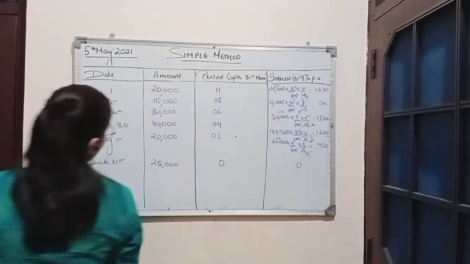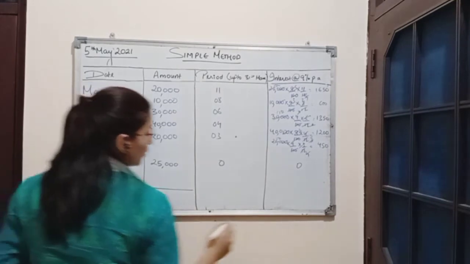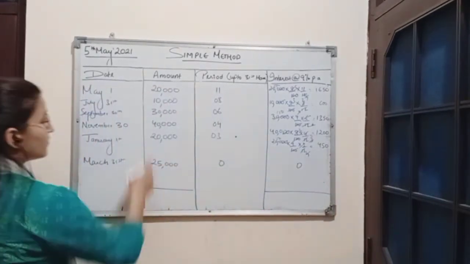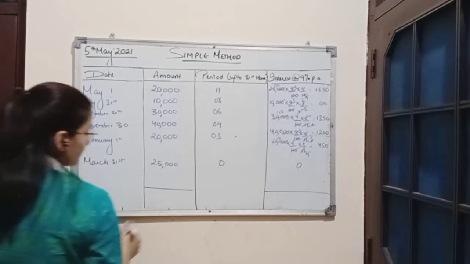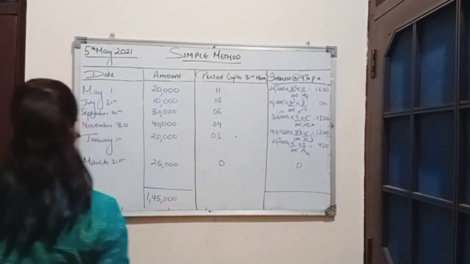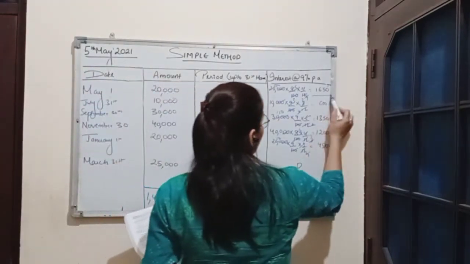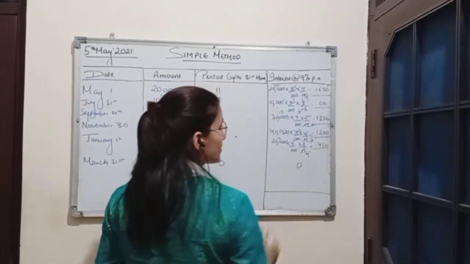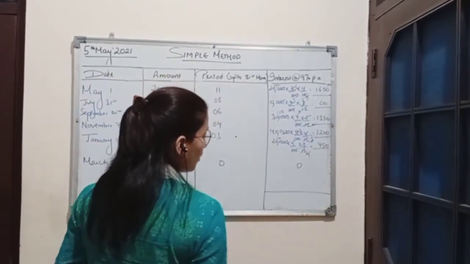Now, according to the simple method, we will first calculate the total amount of drawings withdrawn by Charu for the whole year. So total amount of drawing is 1,45,000. And now we will total the interest on drawings to be paid by Charu for the whole year.